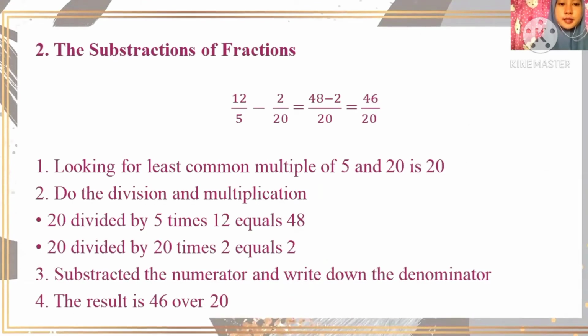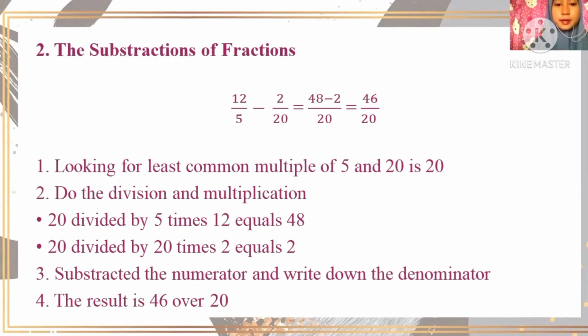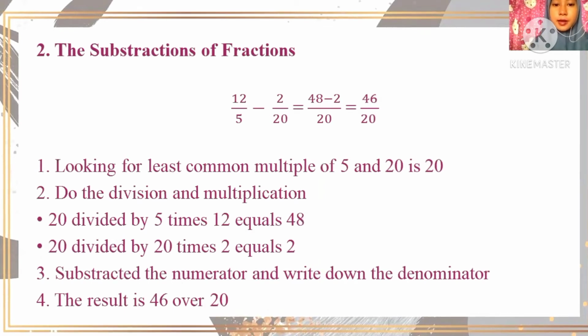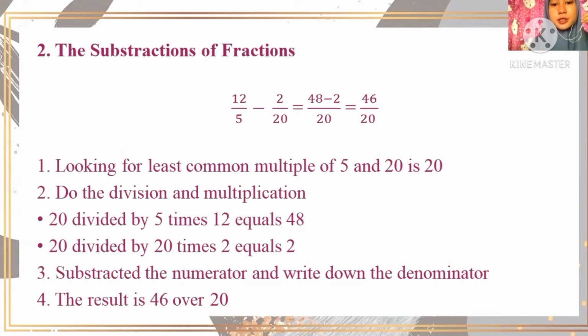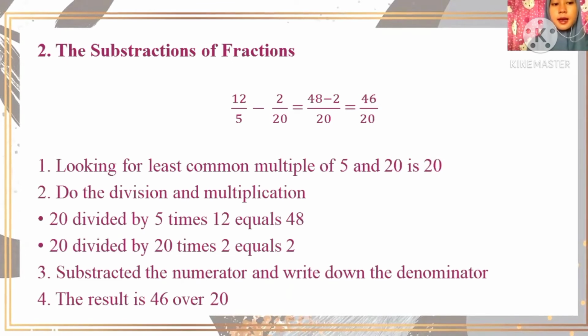The subtraction of fractions. For example, 12 over 5 minus 2 over 20 equals 46 over 20. The steps are, looking for the least common multiple of 5 and 20, which is 20.